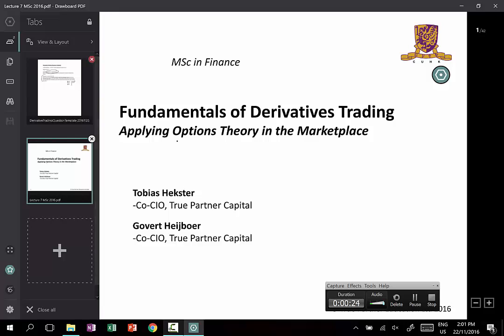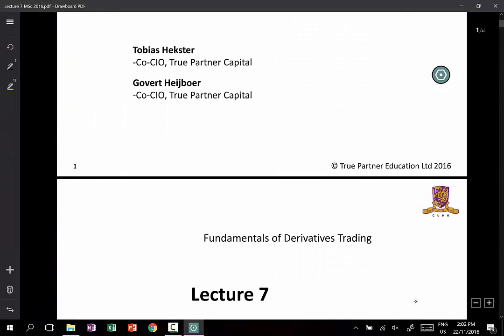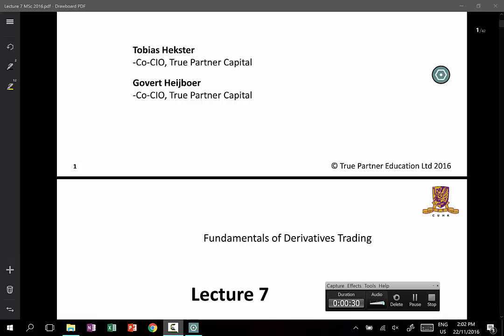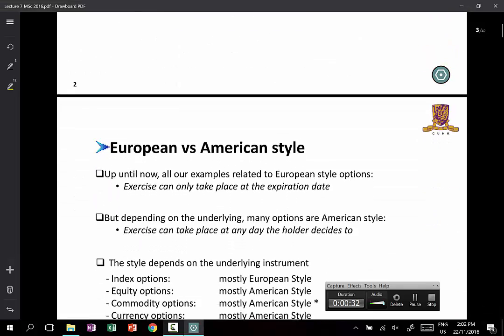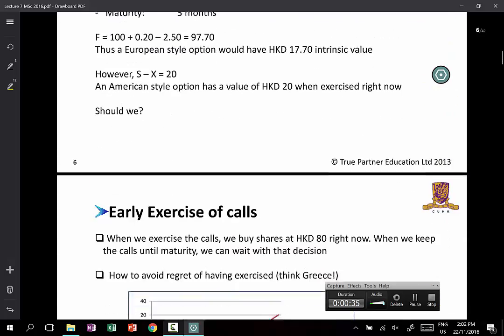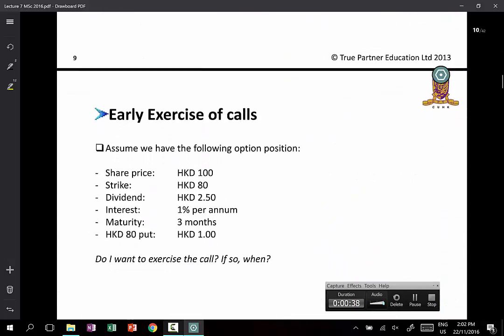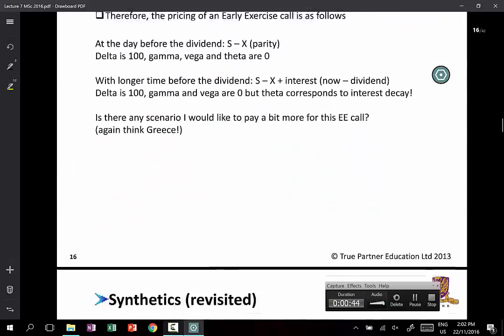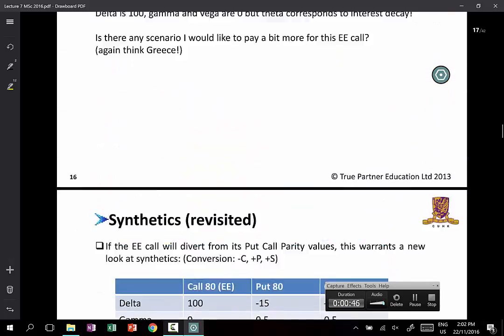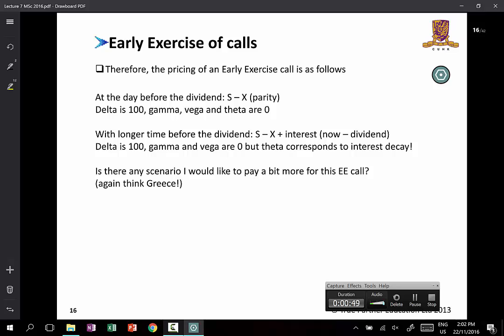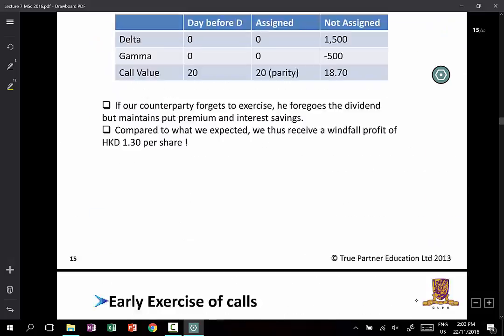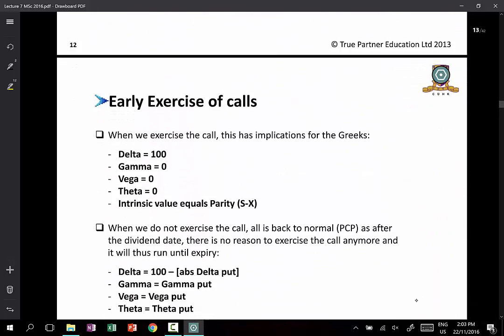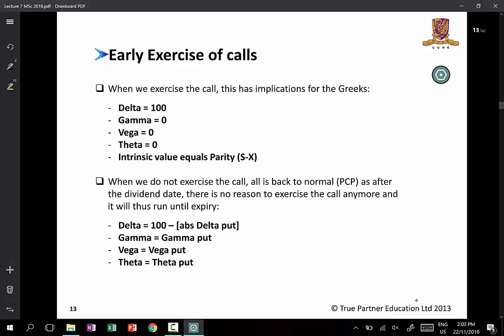So lecture 7, question 7, I think page 16. Oh, here. On page 13.